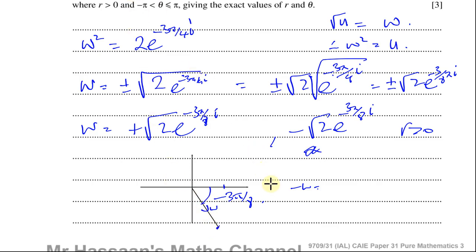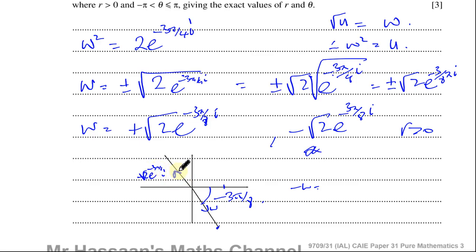The negative of a complex number is like in vectors, parallel but in the opposite direction. So negative w will be negative root 2 e to the power of minus 3 pi over 8 i. It's exactly the same thing, but it's going to be in this direction over here. So this is the negative value of this.